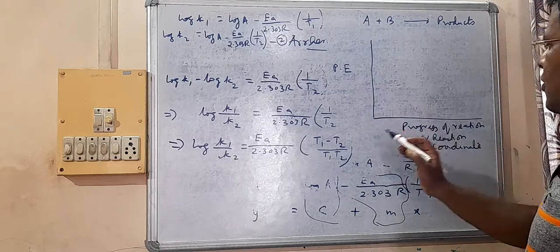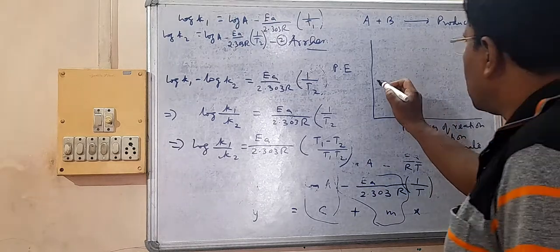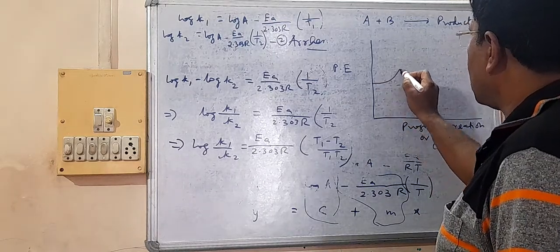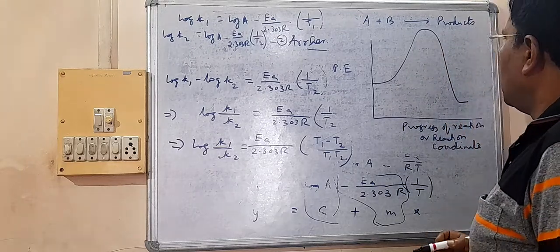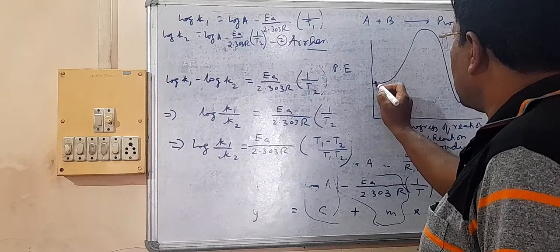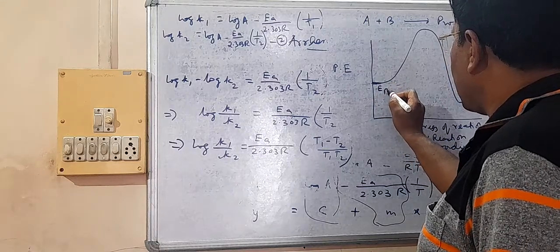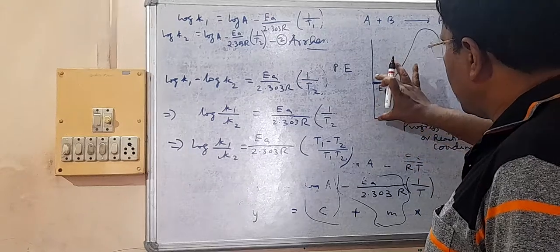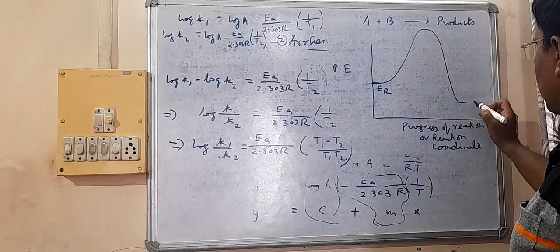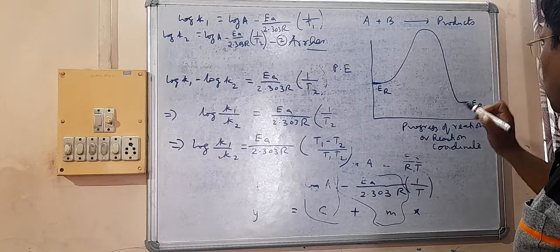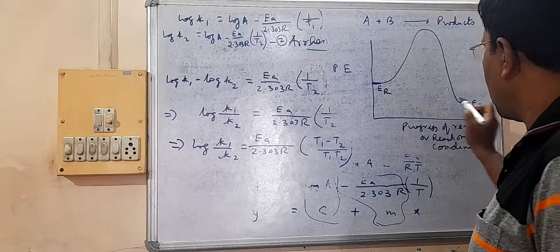So potential energy versus progress of reaction or reaction coordinate, and we get this sort of graph. This is the energy of reactants, and this is the energy of product.